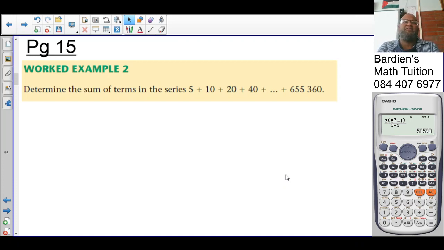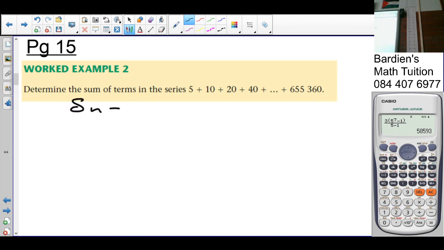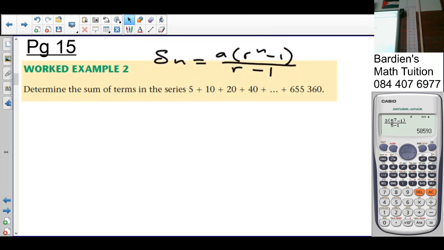My A value is 5. So to determine the sum of the series, since it's geometric, we can only use geometric formulae. Sn is equal to A, R to the n minus 1 over R minus 1. Not so? We have A, we have R. Do we have n? No.